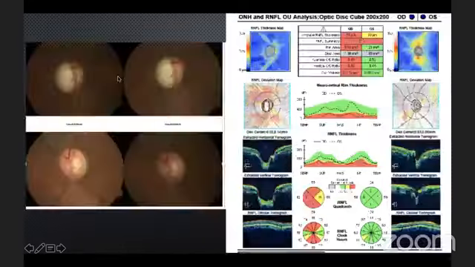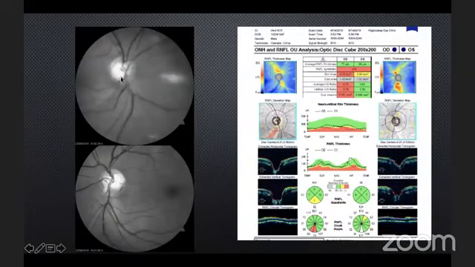Corresponding to this inferior neuroretinal rim thinning and notching, what we see on the OCT scan is this red area, which is actually the nerve fiber layer defect. And these yellow and red areas are suggestive of RNFL thinning and damage. Whereas in the left eye, everything is green. That is, everything is healthy here.